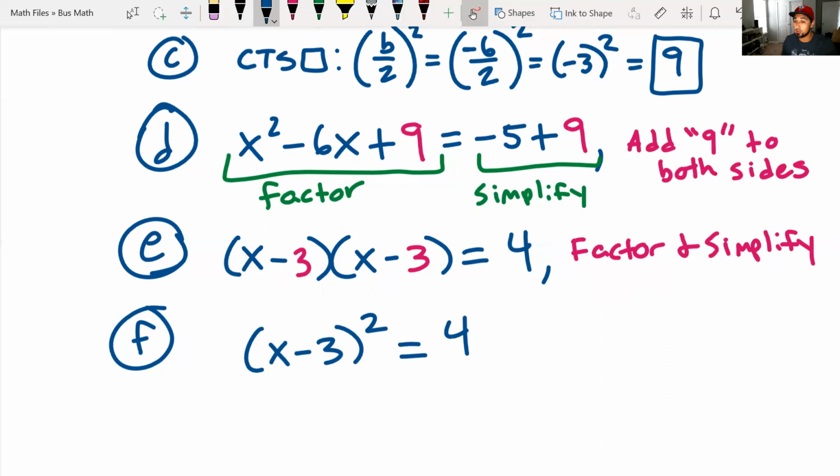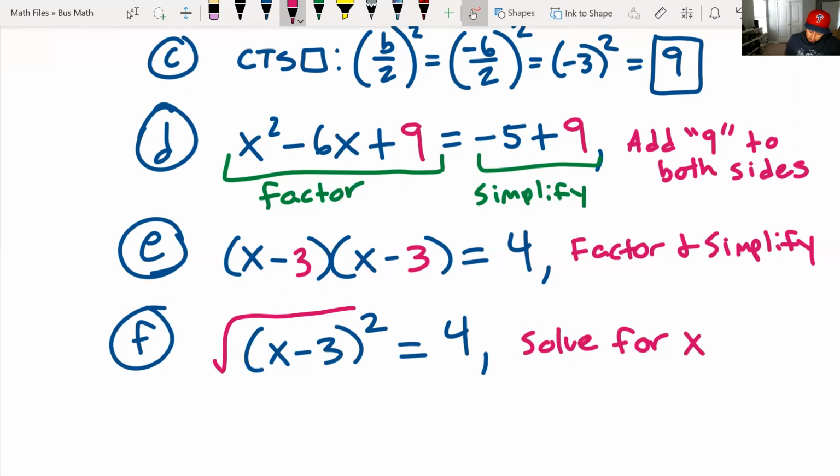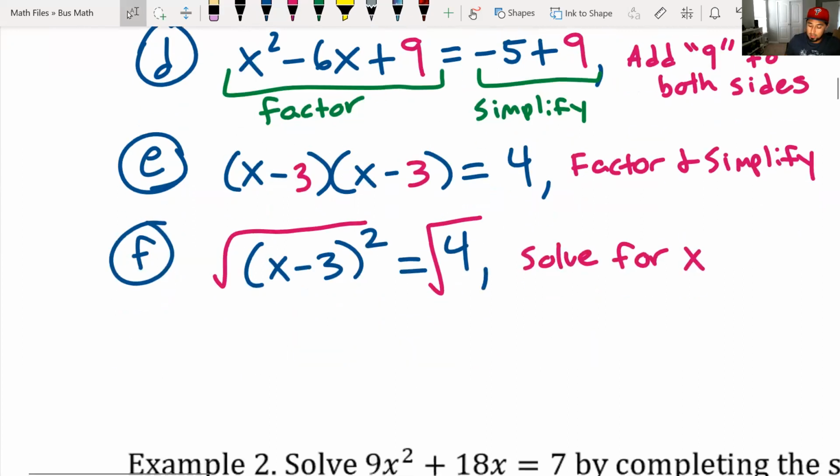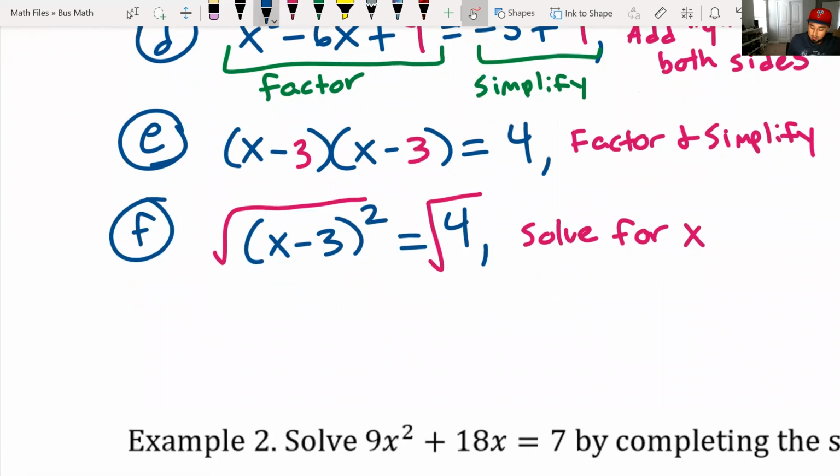And now we're going to solve for x. And the way we solve for x is we use the square root method. Square root, and I will get x minus 3 is equal to plus or minus 2.